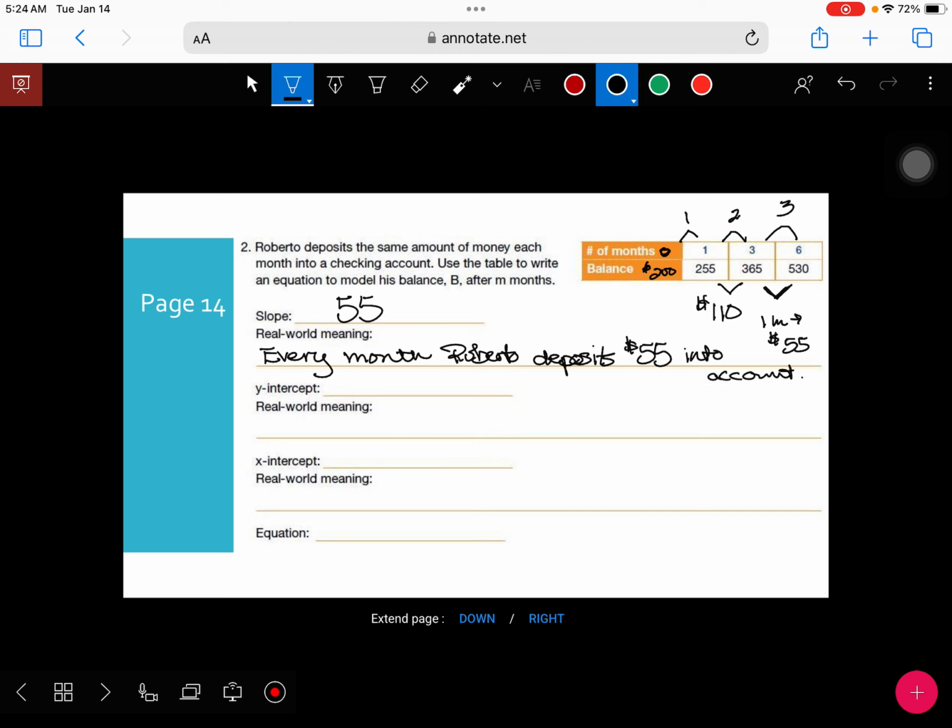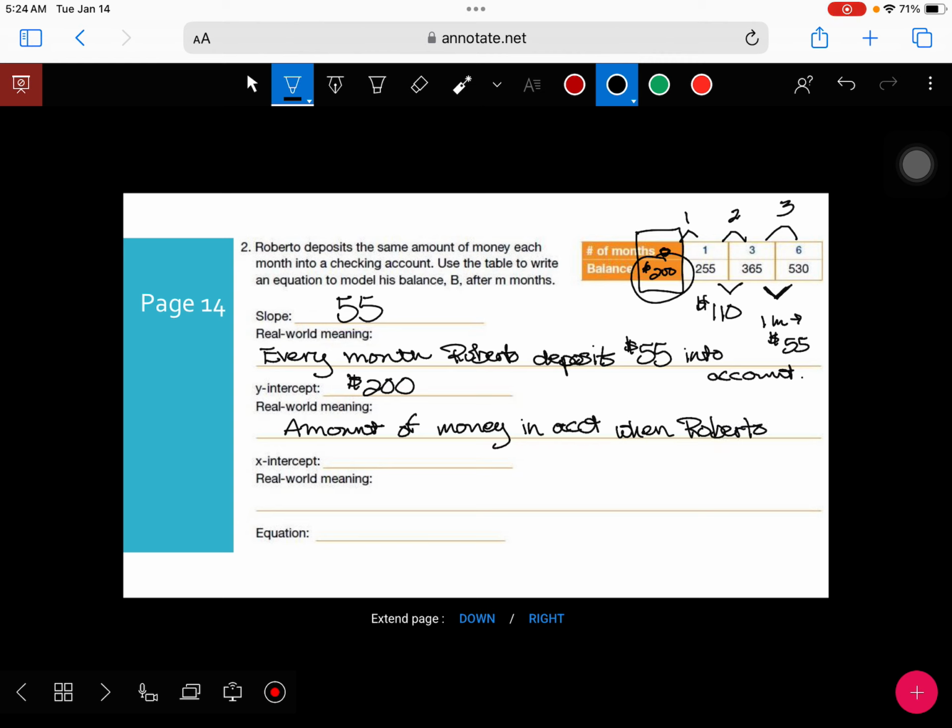Okay. The y-intercept is when x is equal to 0, and we already kind of figured that out. The $200, what does that mean? That is the amount of money in the account when Roberto opened it.